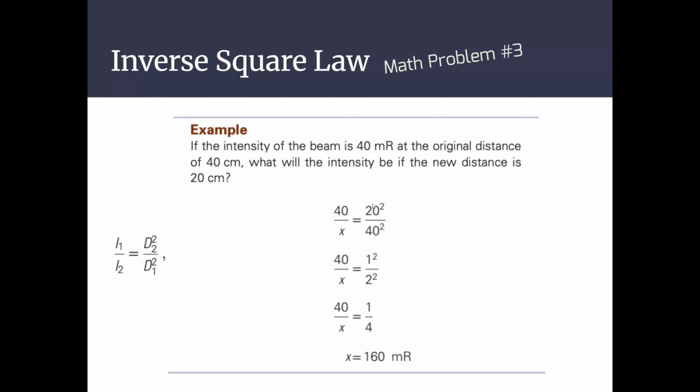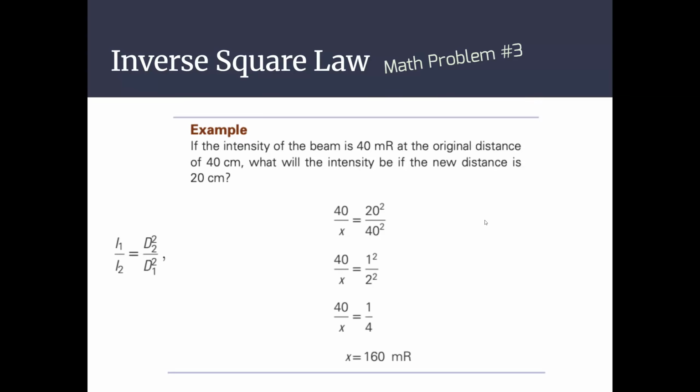Just to reiterate, if it's 20 centimeters, it has to be divided by 40 centimeters, centimeter by centimeter, because you can't do 20 centimeters over 40 millimeters. You'd have to take the 40 millimeters, convert it to centimeters, and then do the calculation.